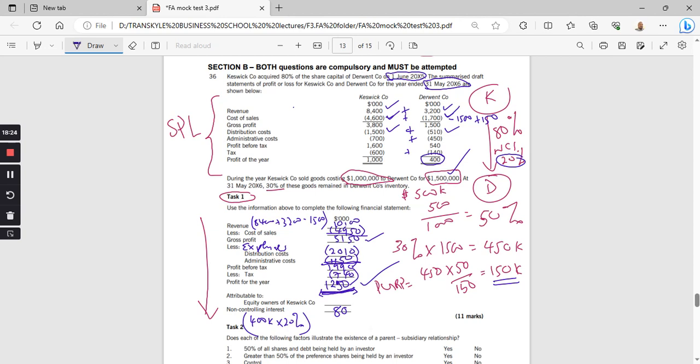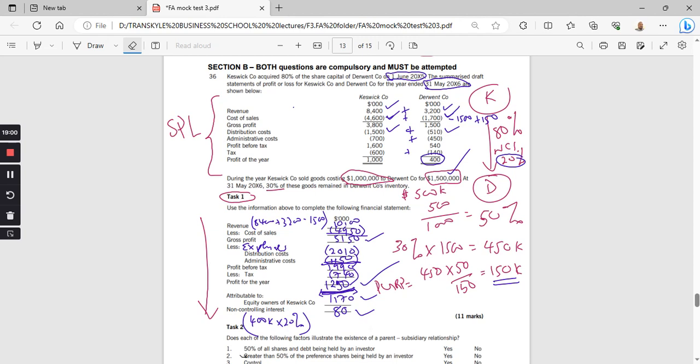The equity owners of Keswick are going to get the balancing figure, which is 1170. If you add these two figures, you must get 1250. If you don't get 1250, then your answer is wrong. Are we together? I've just put that figure for elaboration. It's not necessary anyway. What is required by the examiner is those two figures.